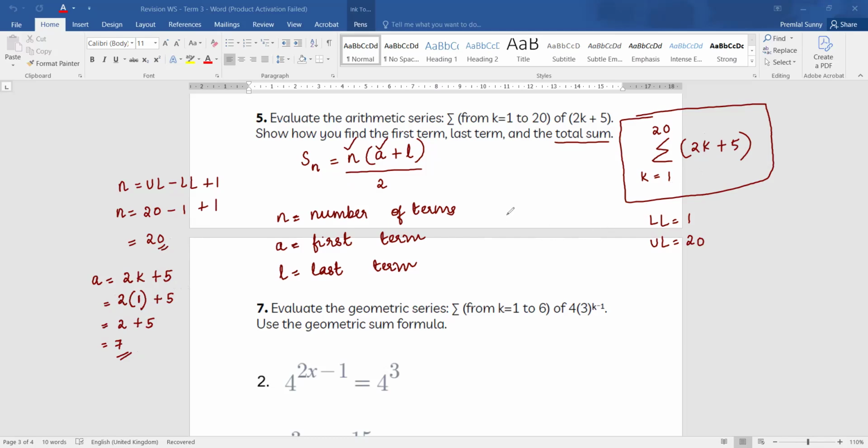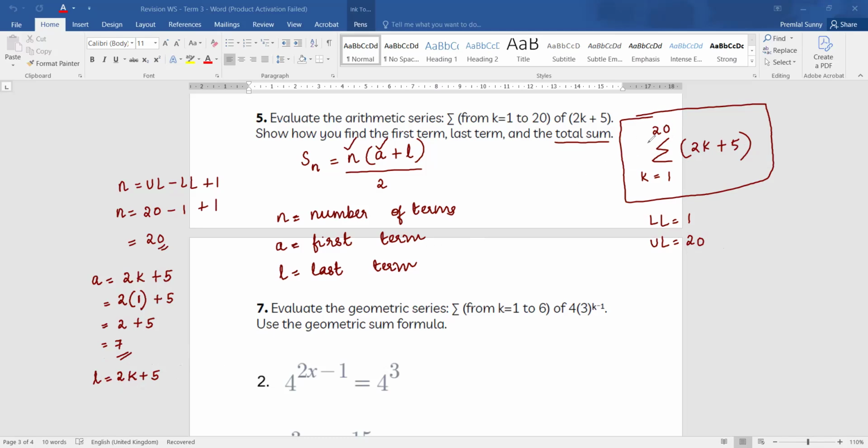Now, to get the last term L, again the same thing. Whatever is inside the bracket, you just write 2k plus 5. And instead of the variable k, this time to get the last term, you substitute it with the upper limit, the number at the top.